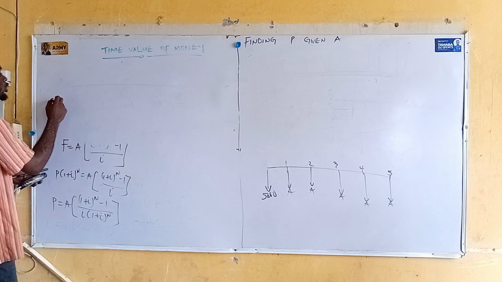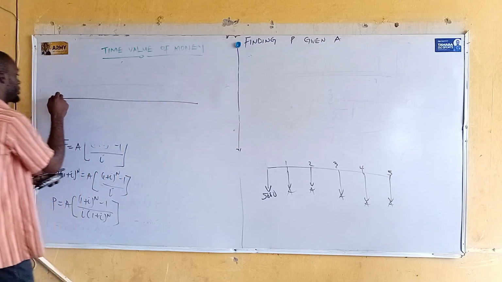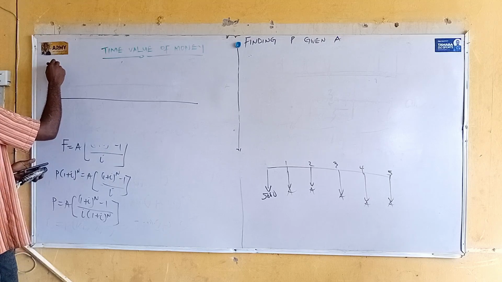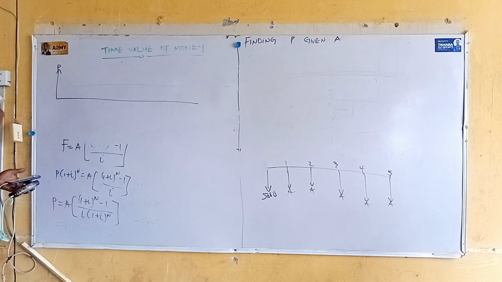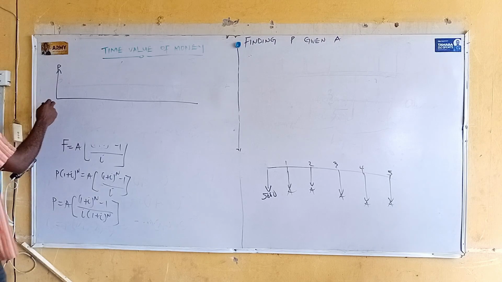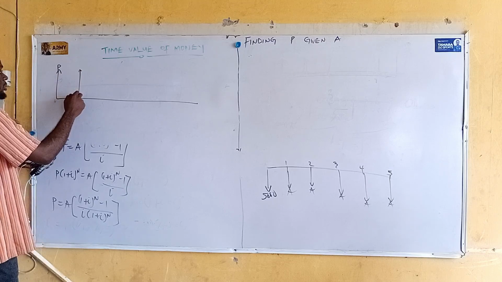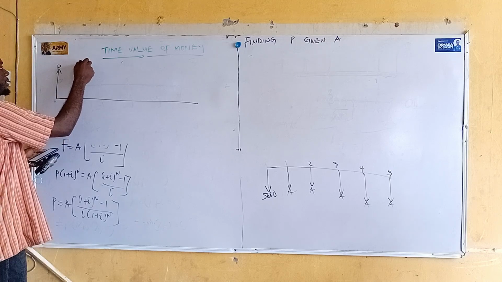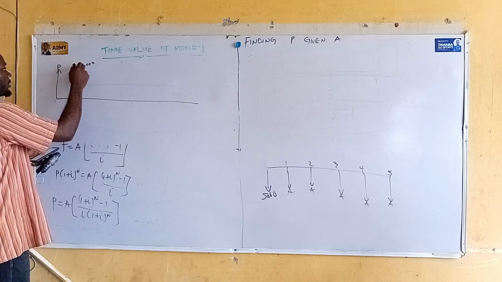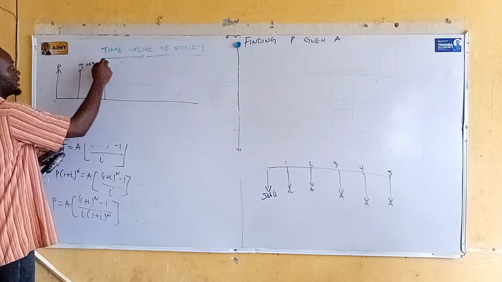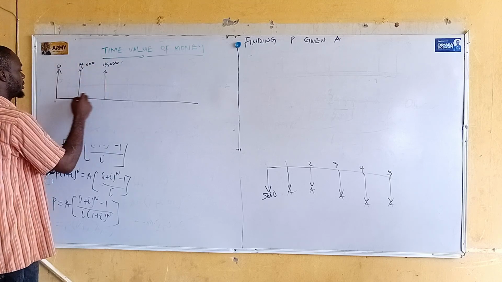So how much should the company borrow to finance the project? That project is expected to yield 14,000 naira revenue per year for 5 years. Here is zero. This is 14,000 the first year, 14,000 the second year.